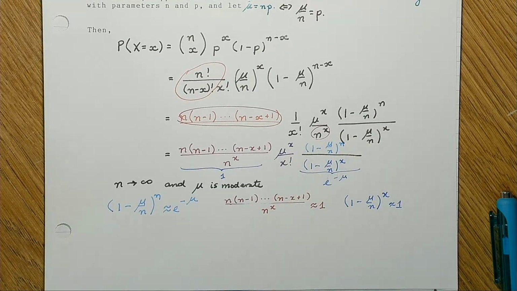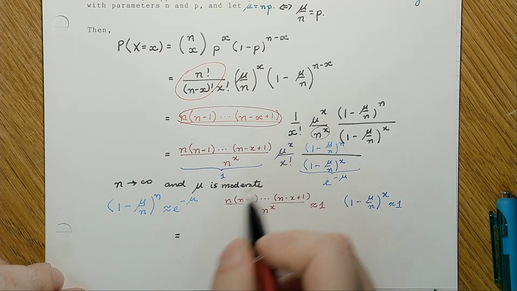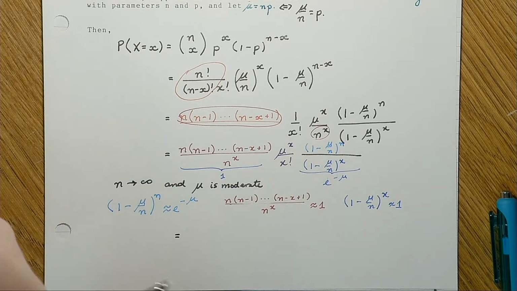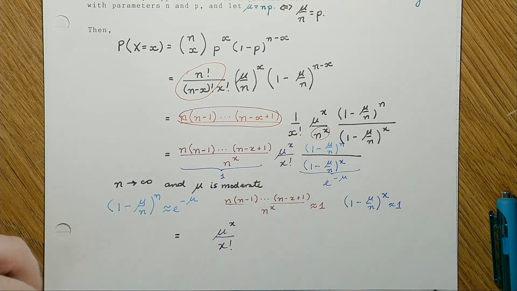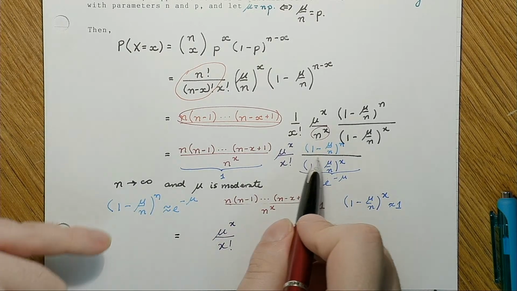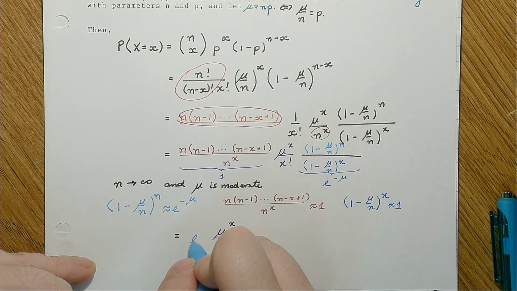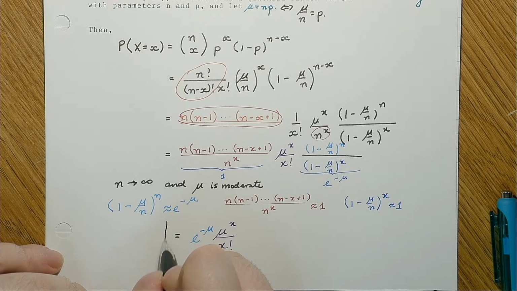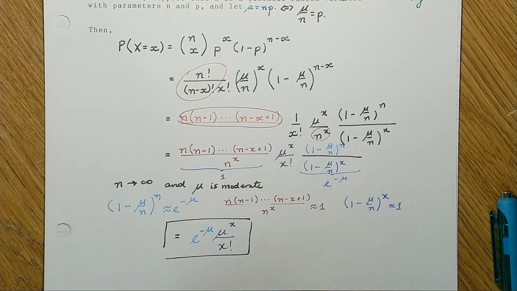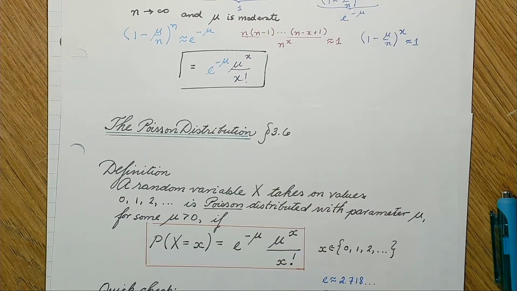So what that means is all I'm left with is 1 times mu to the x over x factorial, and this blue part, and that is just e to the minus mu. Which is what we wanted. Again, that matches the formula that we had introduced at the beginning. Perfect.